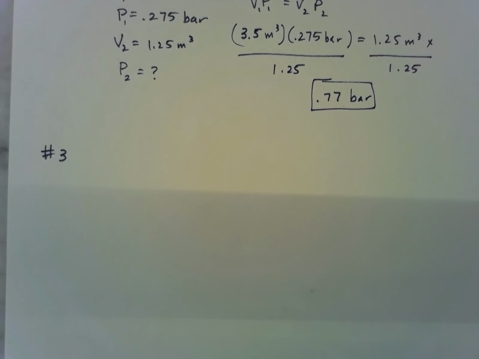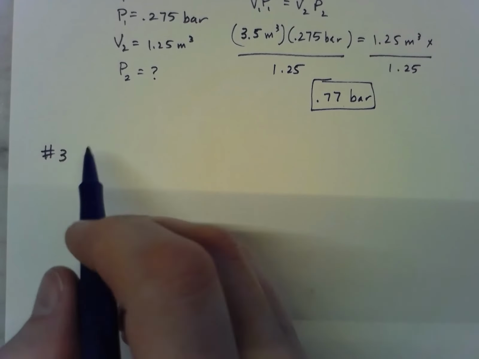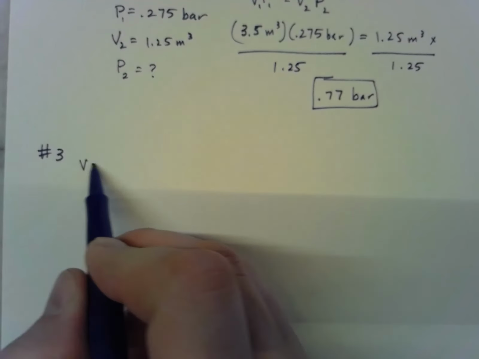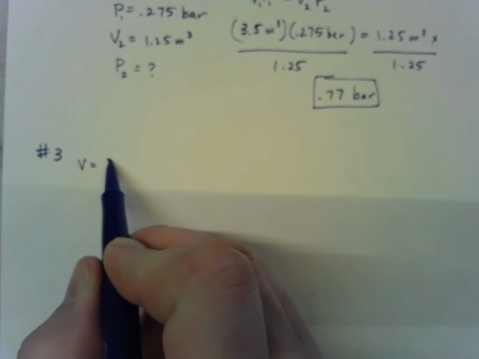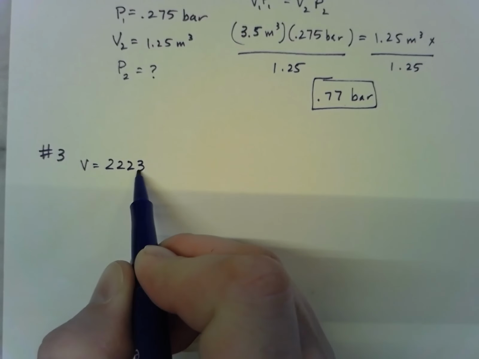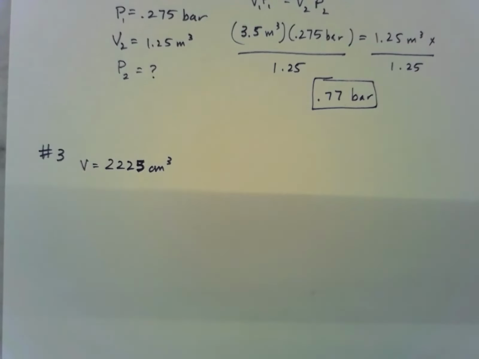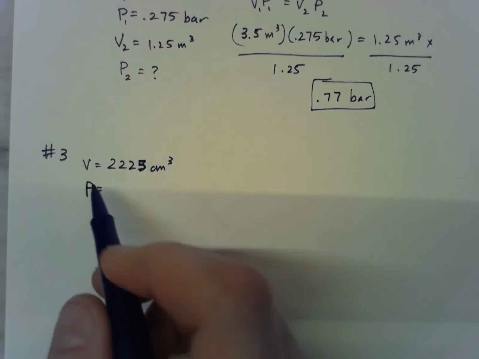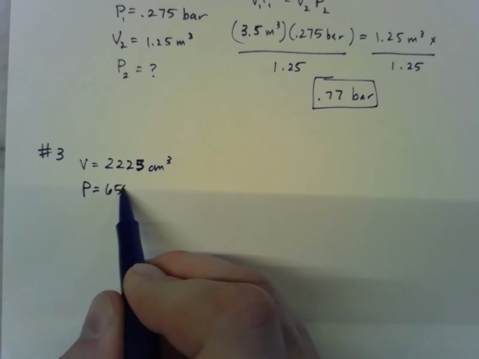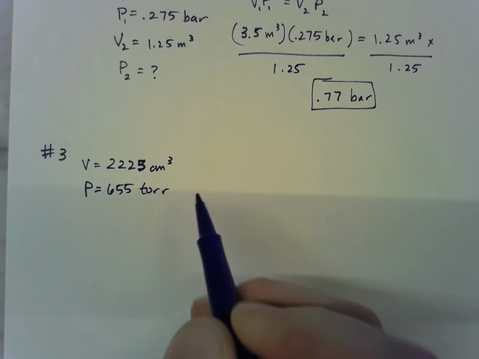Okay. So a gas is at a volume of 2225 centimeters cubed. Pressure is equal to 655 torr.